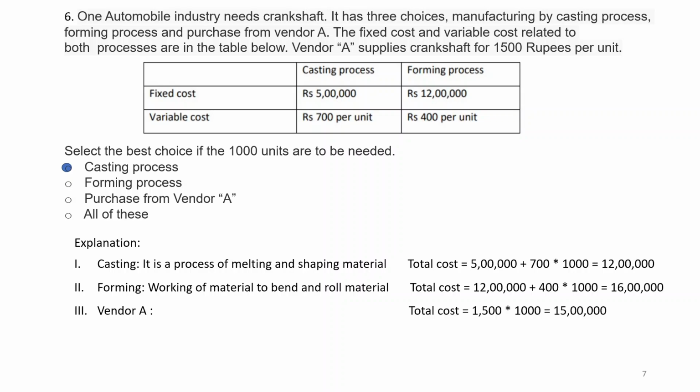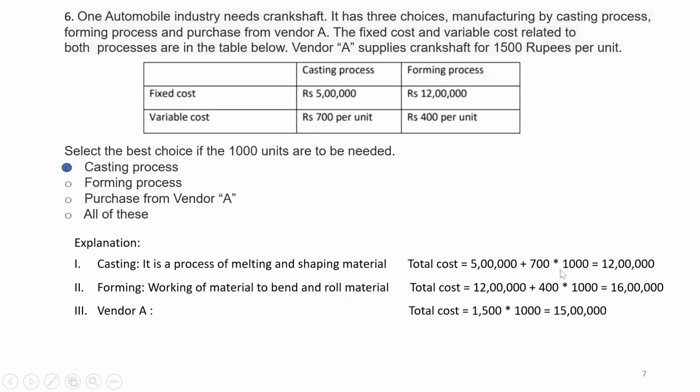The answer will be casting, and you can calculate total cost for all these based on the formula told earlier: fixed cost plus variable cost multiplied by number of units. If it would have been 2000 units, you would multiply by 2000, and the answer could have been different.